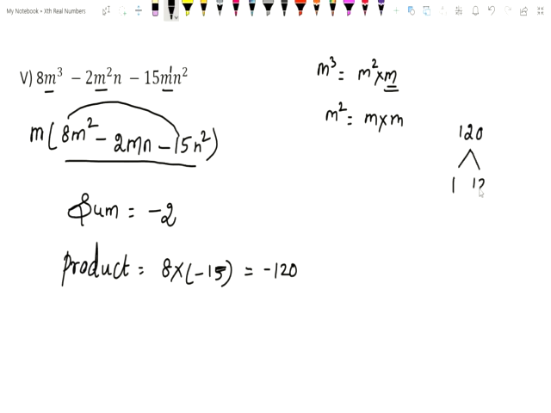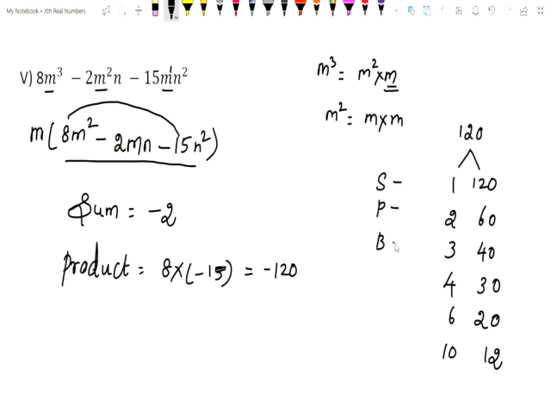1 into 120, 120. 2 60s are, 3 40s are, 4 30s are, 6 20s are, and 10 12s are. Here the sum is negative, the product is negative.